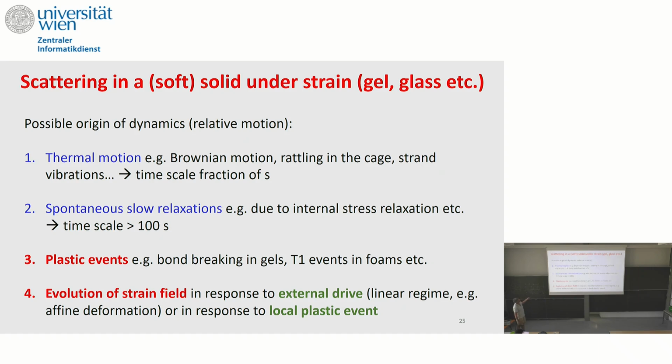There is thermal motion, Brownian motion, rattling in the cage, which is the motion observed in colloidal glasses, strand vibrations in a gel, all these kinds of things that we also have for a sample at rest, okay? In principle, that's not what we care about if we are doing rheology, but we have to keep in mind that they exist and we can measure them separately just on a sample at rest.